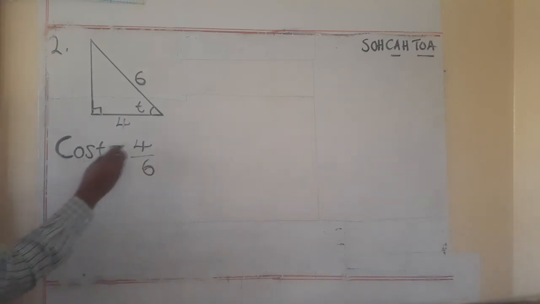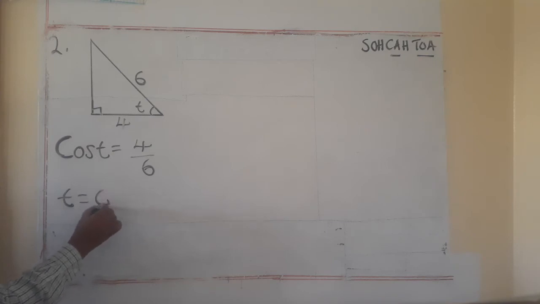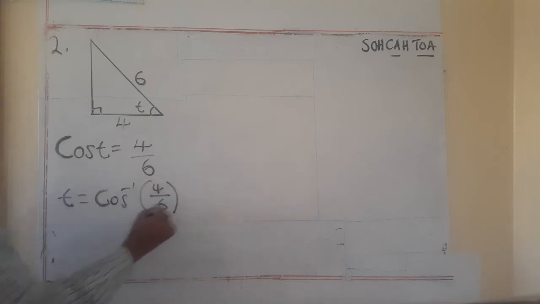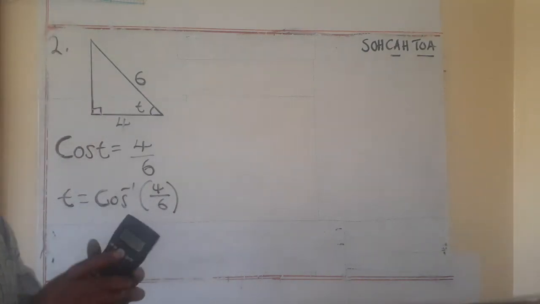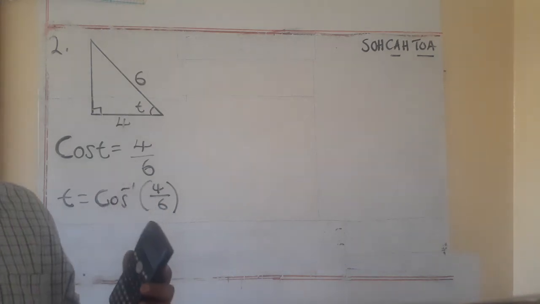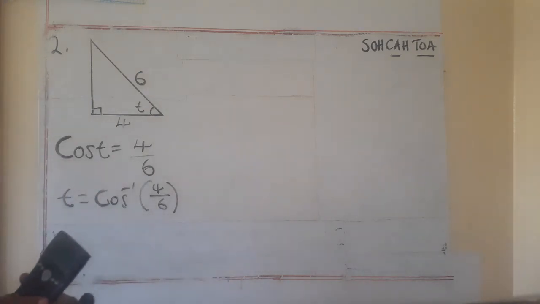Like we did when dealing with the tangent, for us to find this angle, T shall be cos inverse of 4 divided by 6. Again, you use your calculator. The first thing you need is to punch shift or second function, then cos. Other calculators will demand that you start with cos, then go to second function or shift, so you need to know the calculator you are using.